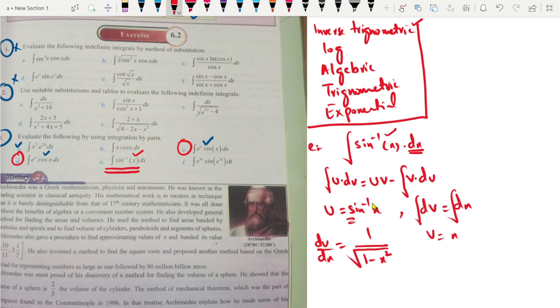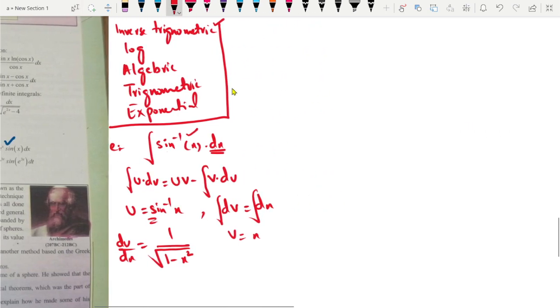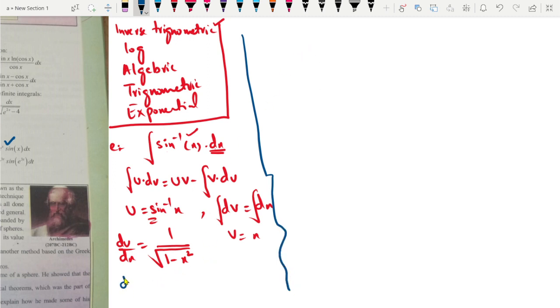So du is equal to dx divided by under root 1 minus x square. So we have u, we have v, we have du.